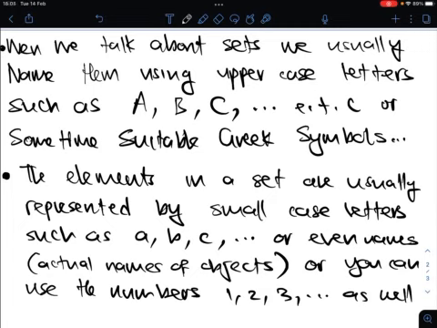Or sometimes you can use numbers to refer to the elements that reside within a particular set. These are the basic fundamentals you have to know if you are to work efficiently with sets: always reserve uppercase letters to denote the set, and lowercase letters to denote the elements of a particular set.